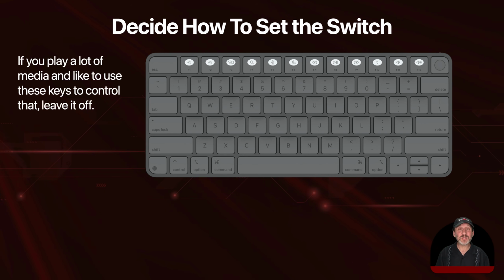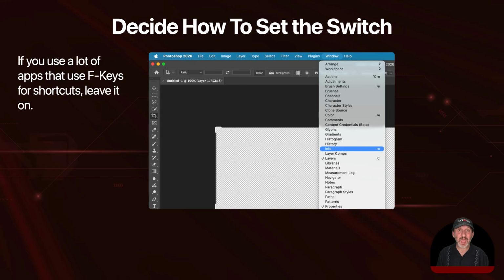However, if you use a lot of apps that use F keys for keyboard shortcuts, like for instance, Photoshop uses a lot of these, then you may want to leave the switch on so that you could press these keys and, for instance, trigger F5 or F8 without having to hold the globe or FN key down at all.